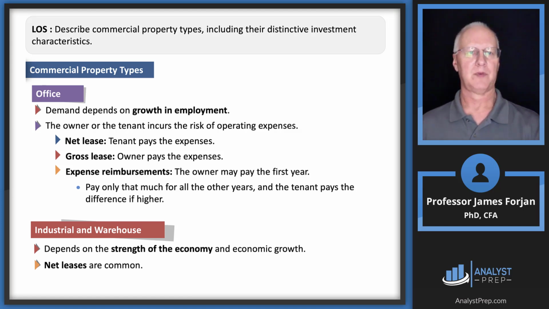All right, types of commercial property. Office property, of course, demand depends on growth and employment. Now, of course, this Institute claims that it doesn't use current economic events, so you won't get anything about spikes in inflation in late 2021 or early 22, which means that you probably won't get any kind of a COVID-related question.